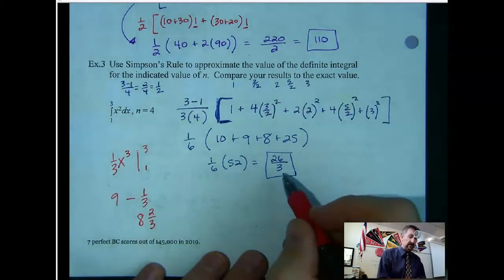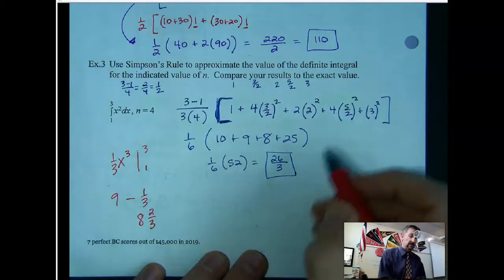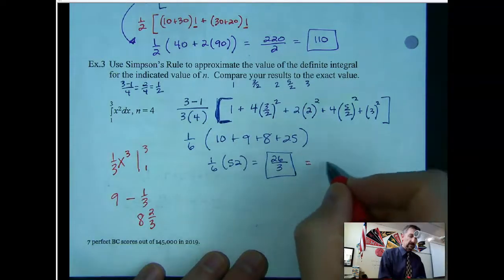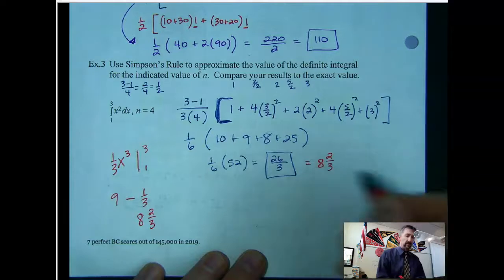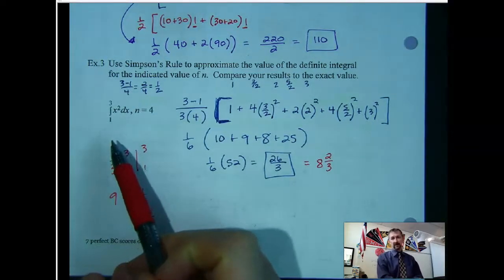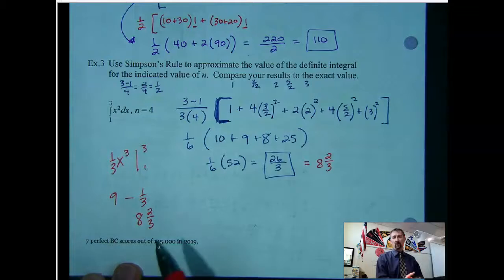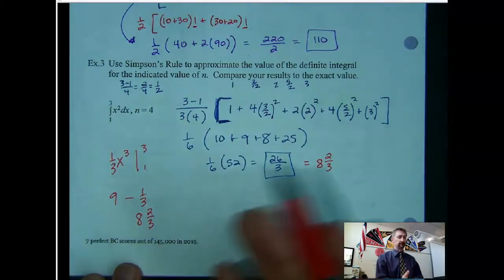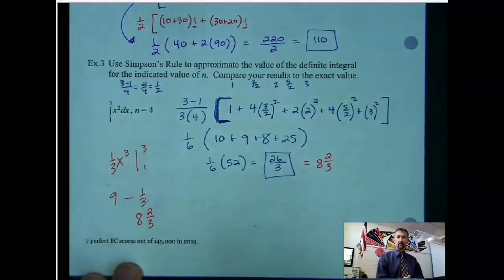And if we take this in, that's going to be 8 2/3 also. So that's because that is a parabola. So if we used a parabola to approximate the area under the curve of a parabola, it's going to be equal.